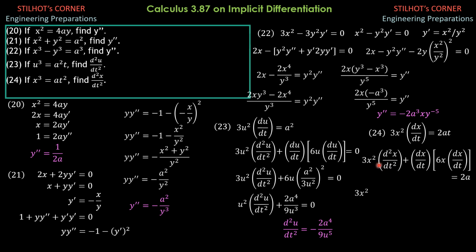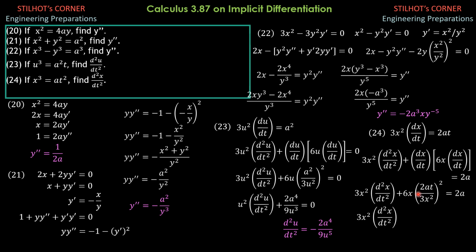So simplifying, this is 3x squared times the second derivative of x with respect to t, plus 6x (dx/dt) squared, and dx/dt is 2at over 3x squared. So 6x times 2at over 3x squared, quantity squared, equals 2a. Simplifying, 3x squared times the second derivative of x with respect to t, plus this is 24 over 9, which can be reduced by dividing by 3, 8/3.